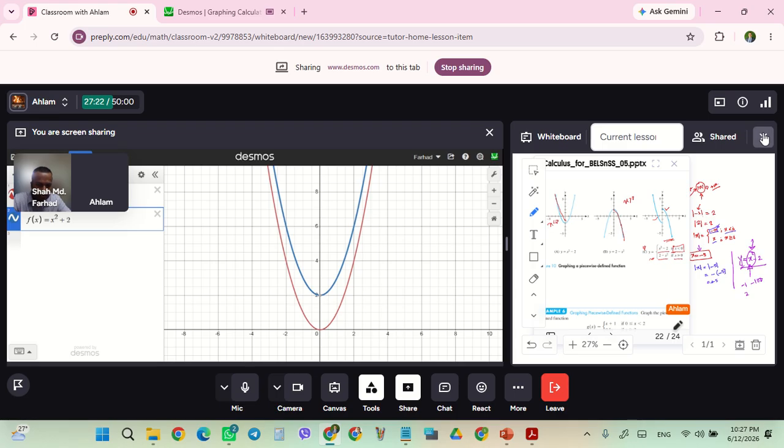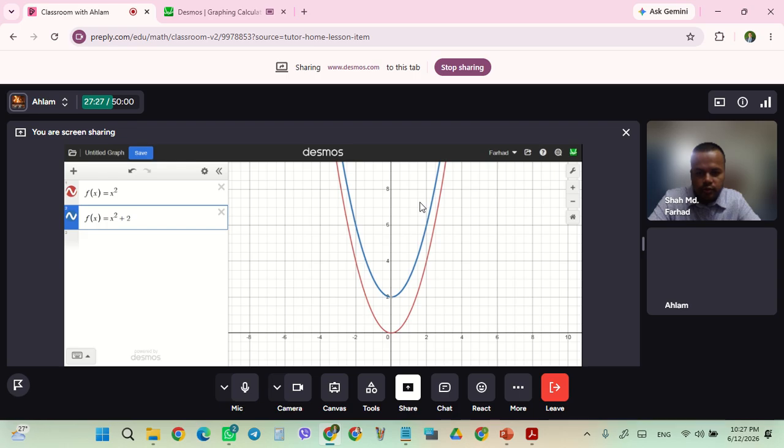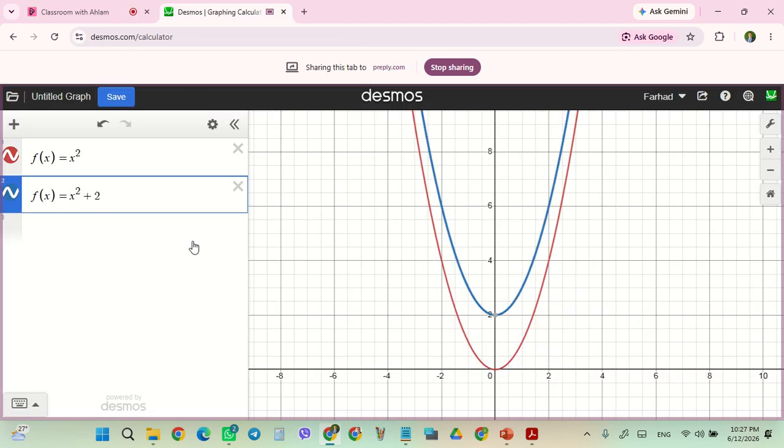Okay, I'm just crossing out so it will be easy for you to see. Okay, now, so what is the basic difference here? Since we have added plus 2 here with the x square, right? So it moves up 2 units, right?